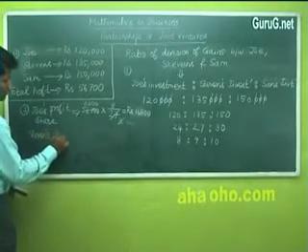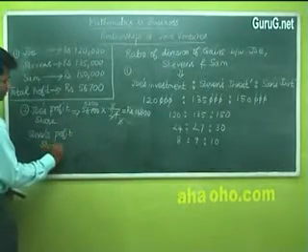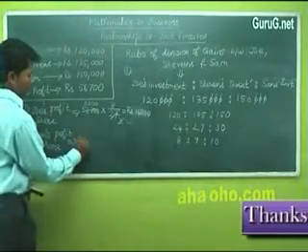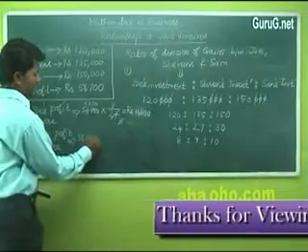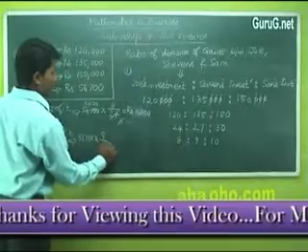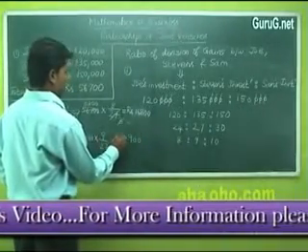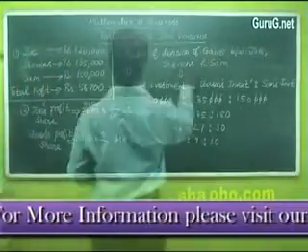Now the next one, Stephen's share. Stephen's profit share is equal to 56,700 into 9 by 27. That is rupees 18,900.